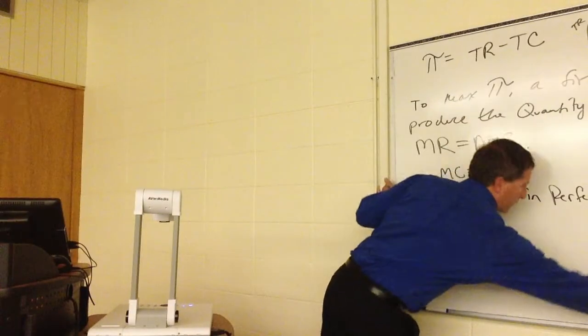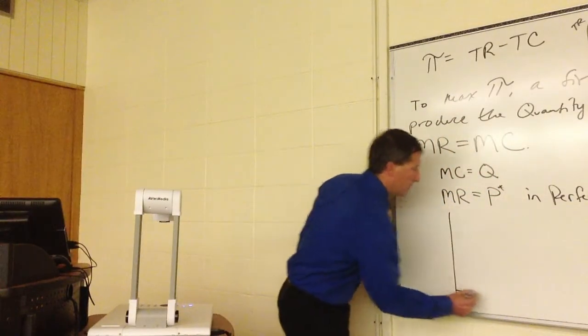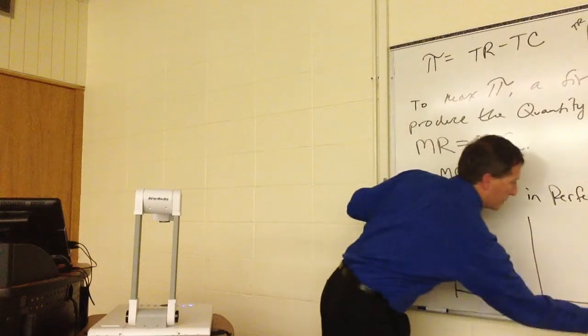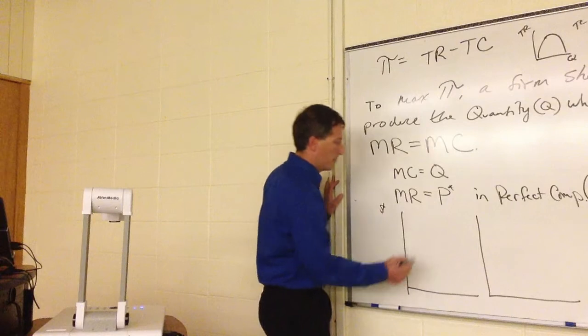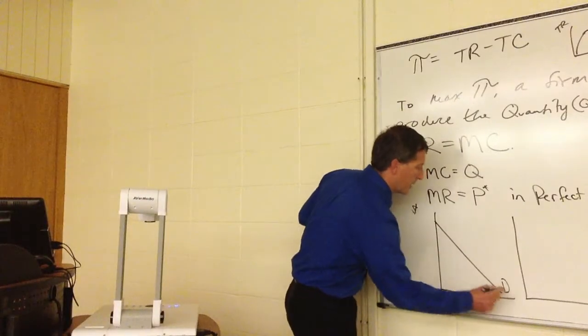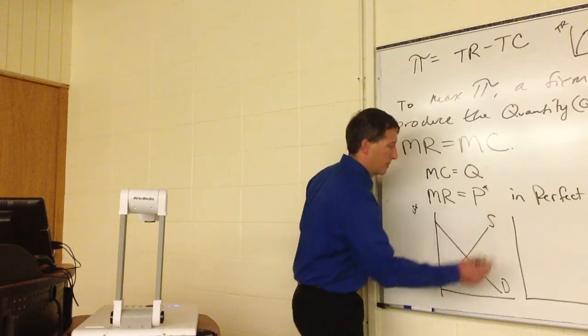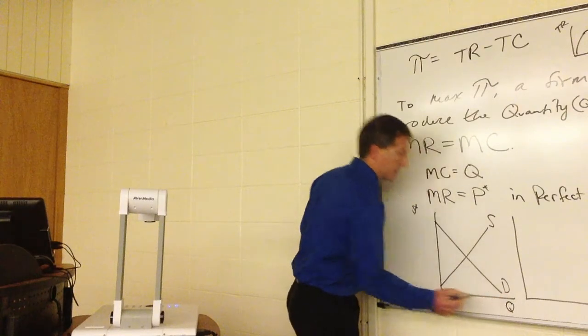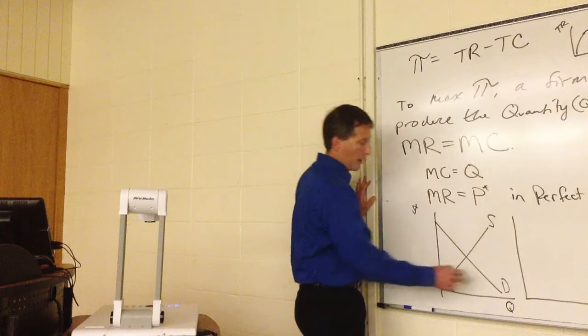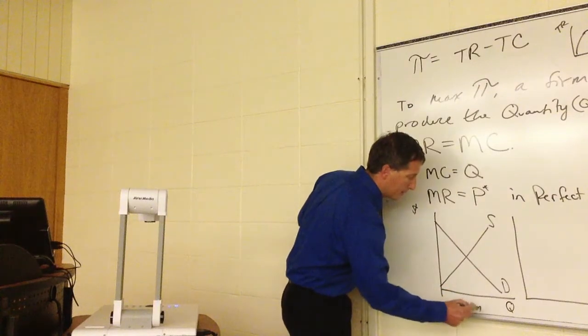The graph that we fall back to model perfect competition is the one where you put them both side by side. You've got the market represented here with a downward sloping demand and upward sloping supply, just like chapter 2 or 3, whatever chapter that was. And so we've got the big market, let's call it for corn.